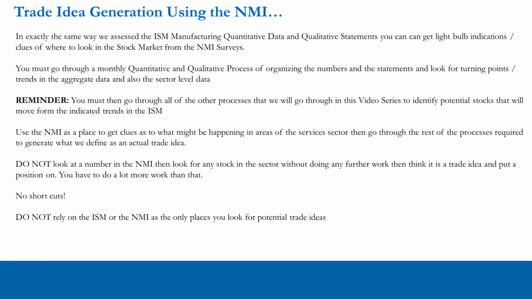The only way you can save some time is perhaps having a third party organize all the data for you. But you're going to have to generate the trade ideas. You're going to have to go through the data, understand the data, understand the qualitative statements, interpret them correctly, get the light bulb indication and clues of where to look in the stock market.